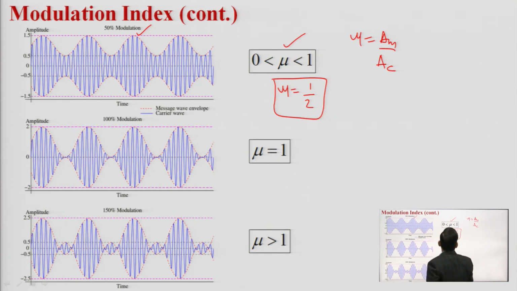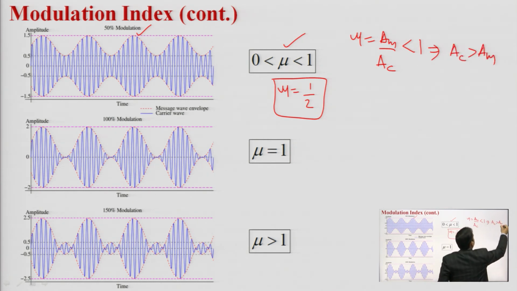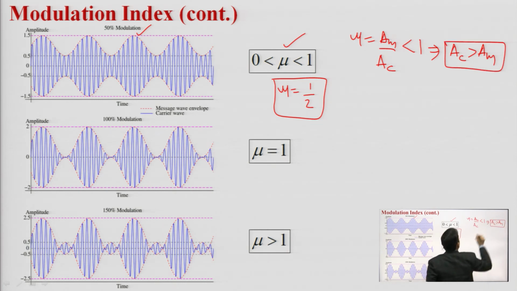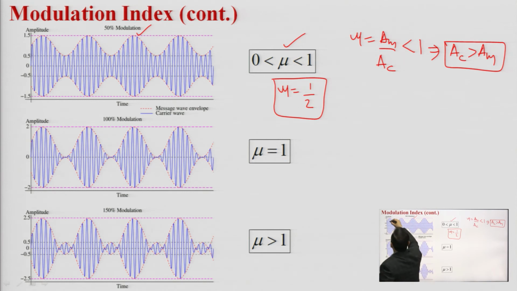If mu is less than 1, then AC is greater than AM, meaning the amplitude of the carrier signal is greater than that of the message signal. We can see the envelopes: this is AC plus AM and this one is AC minus AM.